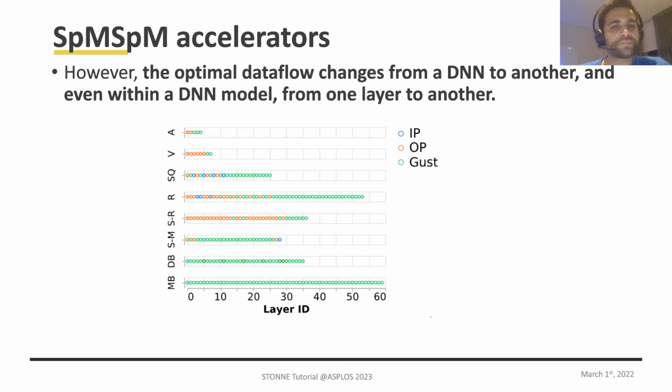And yeah, this is basically what we have observed in our research, that normally there are layers that benefit from one dataflow or another, right? There are layers that obtain more performance with some dataflows, and layers that obtain more performance with other dataflows. So the idea is there is heterogeneity when it comes to the best dataflow for each layer.